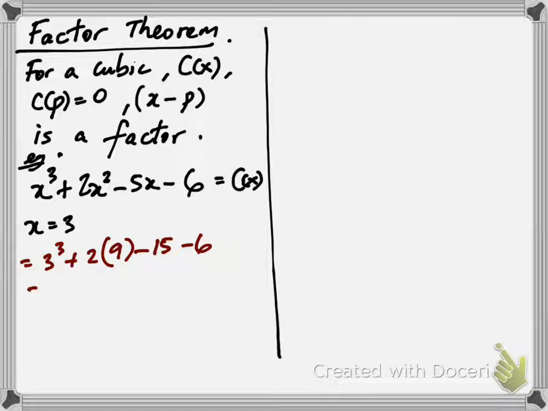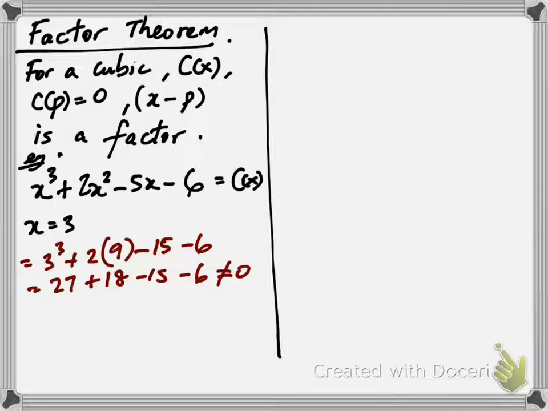What does it give us? 3 cubed is 27, so it'll be 27 plus 18 minus 15 minus 6, which is not equal to 0. You can do the math, but this is clearly not equal to 0. So let's try 2.